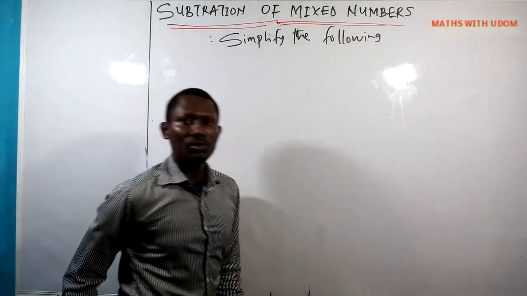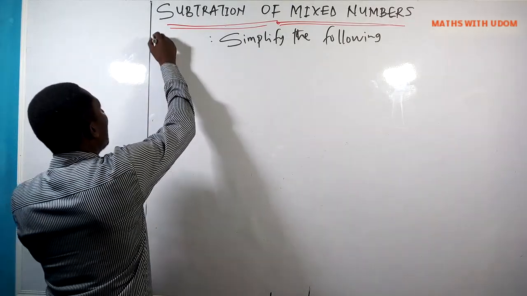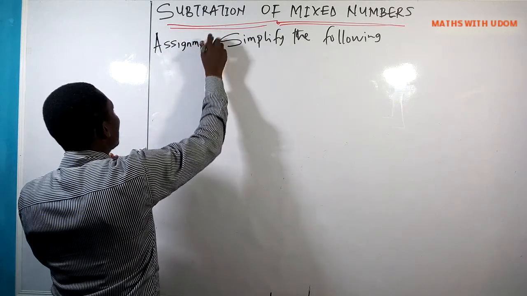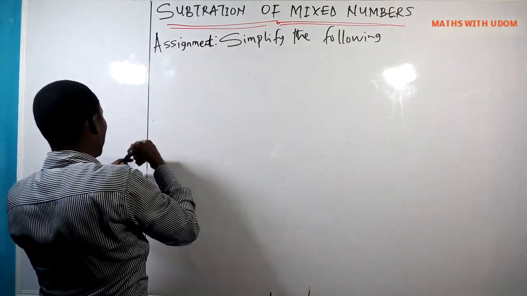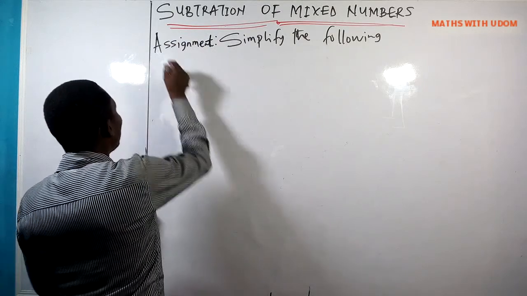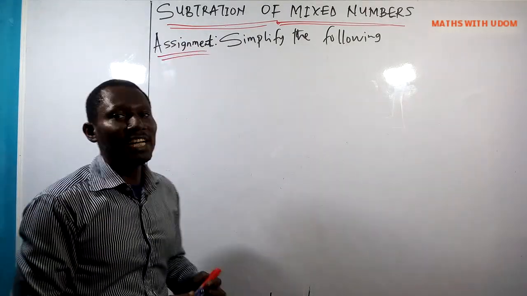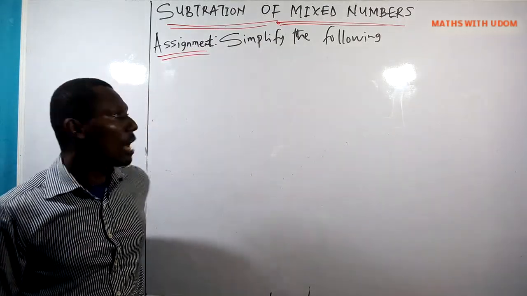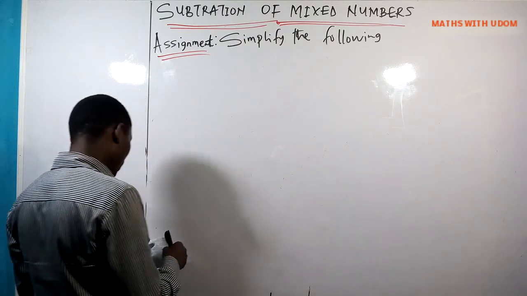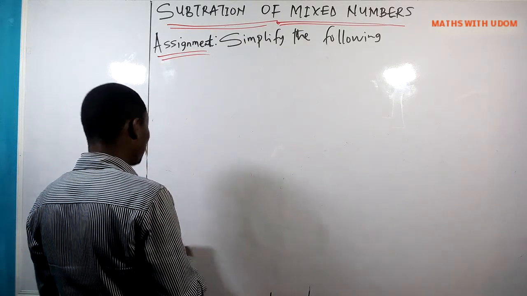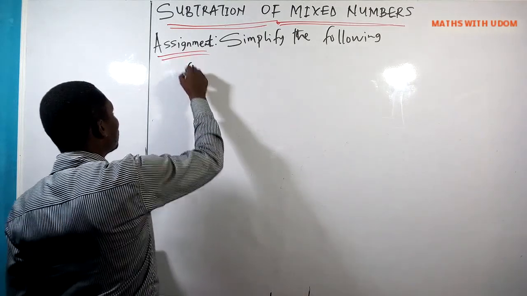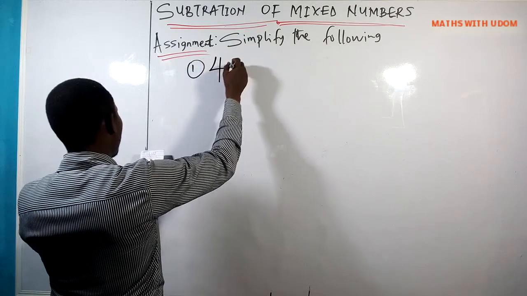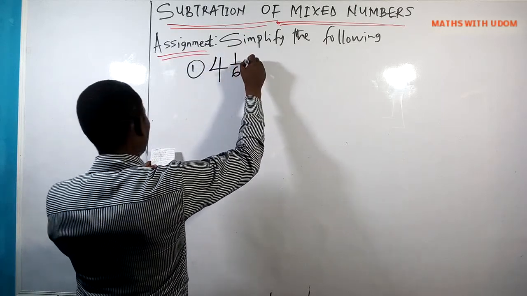For the assignments, you have to simplify the following fractions. And what are the fractions? Let me quickly give you the assignments. Number 1, we have 4 1 over 6.